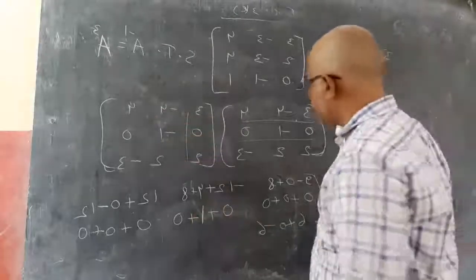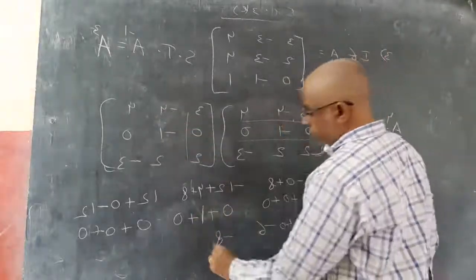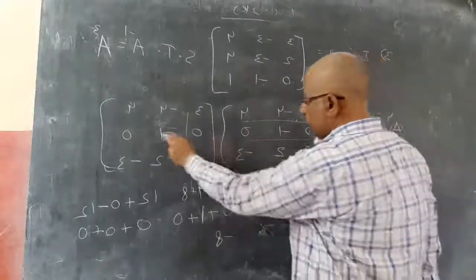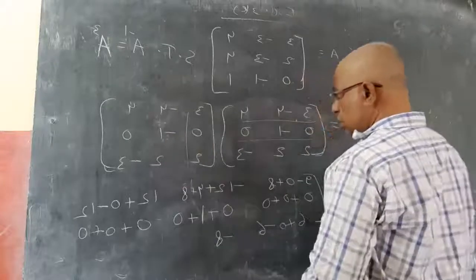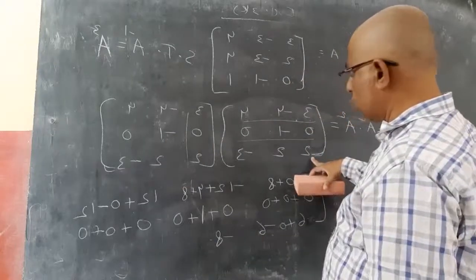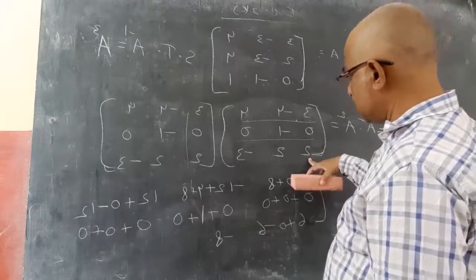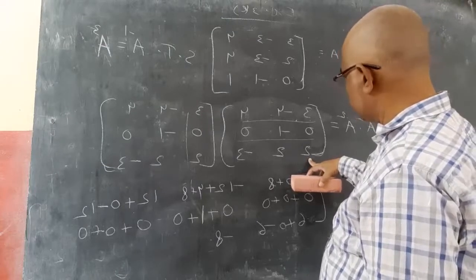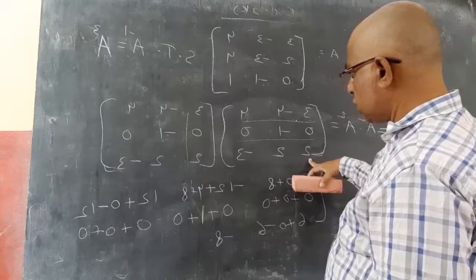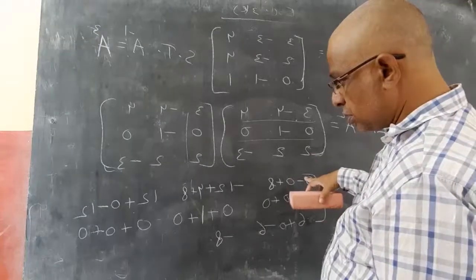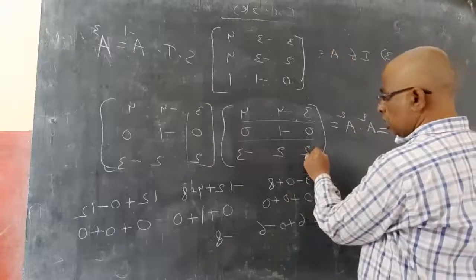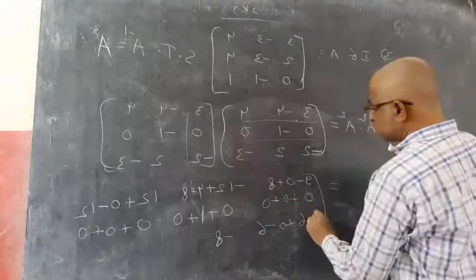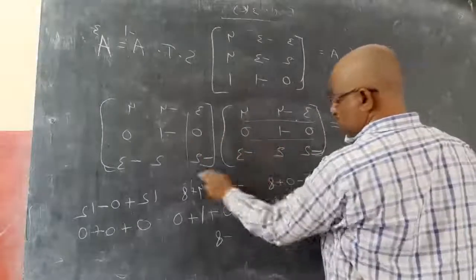Now coming to this, minus 8 minus 2 minus 8. 3, 2 into minus 4 minus 8, but this is minus 2. Did I copy it wrong? This is minus 2, this is also minus 2. Yeah. Then this is minus 6 plus 0 plus 6.